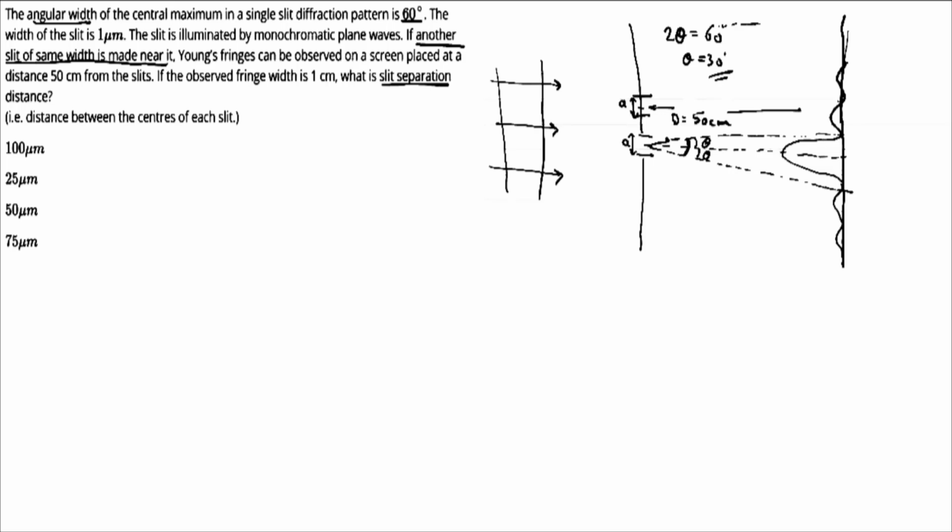So we have two slits with this center distance, and we take this value as small d, which we need to find.